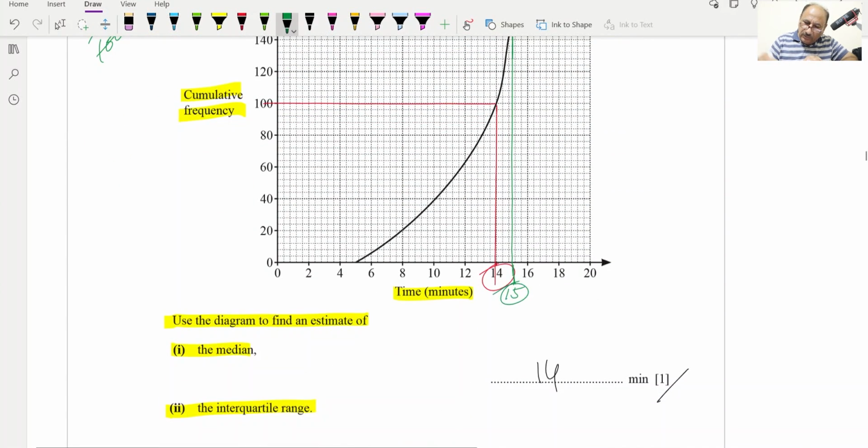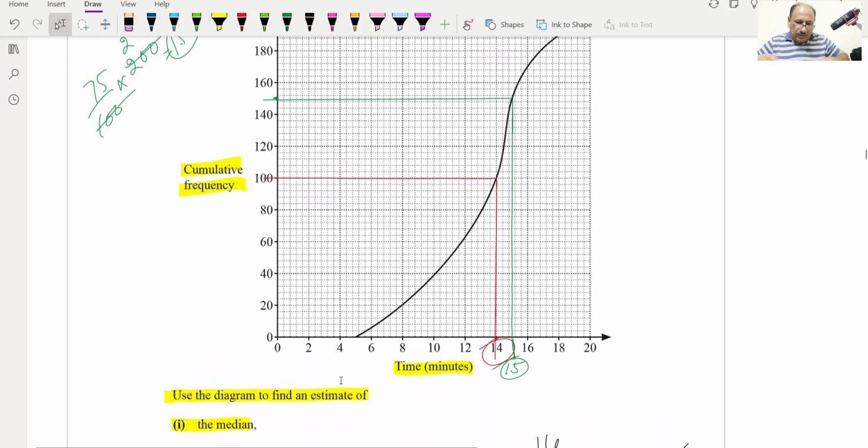This will be 15, and the lower quartile will be the 25th percentile of 200. So this will be equal to 50.